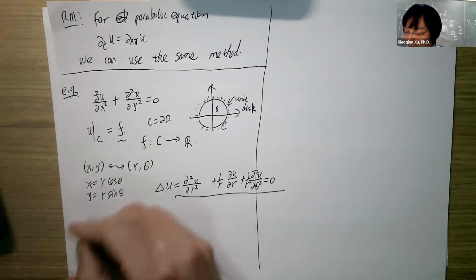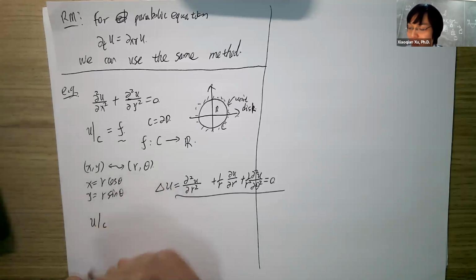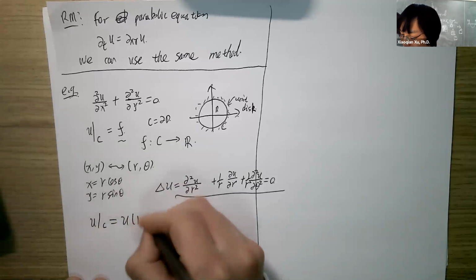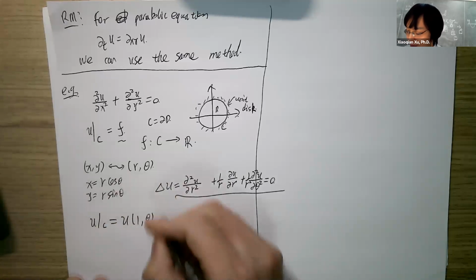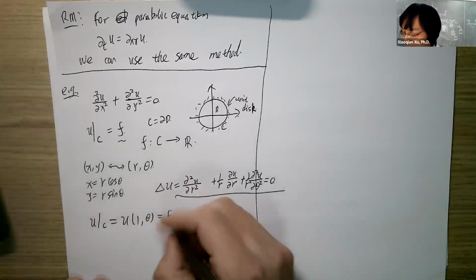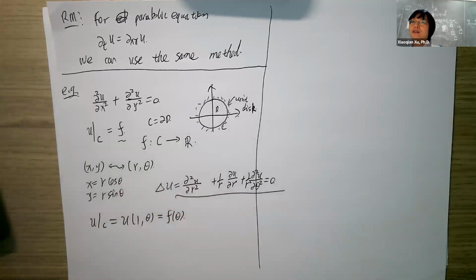Because then we see that U restricted on C is simply U with r equals 1 and theta, which is a function on the unit circle, which means it's a function that only depends on theta. This becomes a very typical PDE problem, although the PDE looks very ugly.